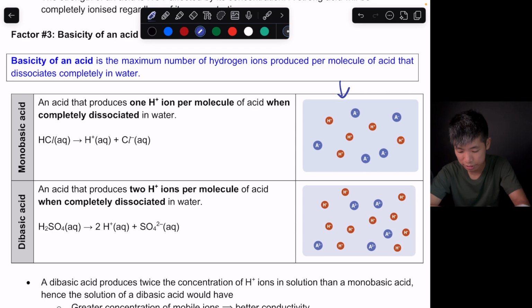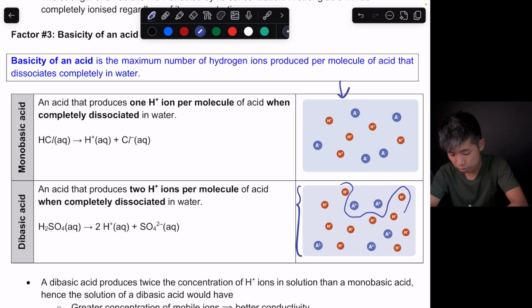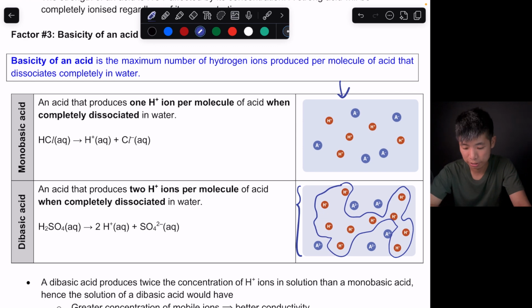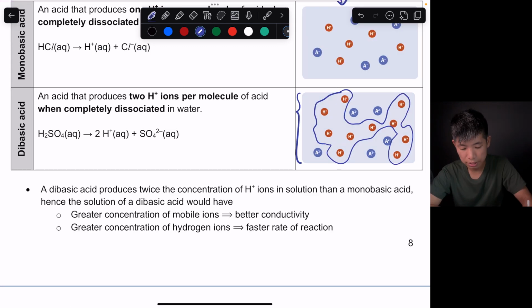I think it's quite obvious that sulfuric acid will be a better conductor because of the greater concentration of mobile ions. Which acid reacts faster? Of course, it will be sulfuric acid as well, because for the same concentration you have twice the number of H+ ions that can react. Each molecule of acid produces two H+ on complete dissociation.